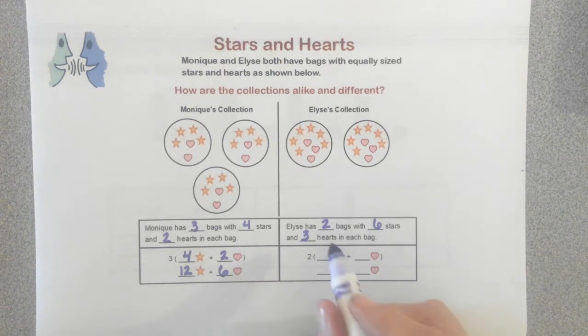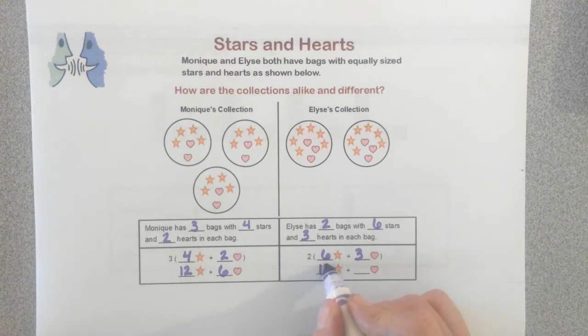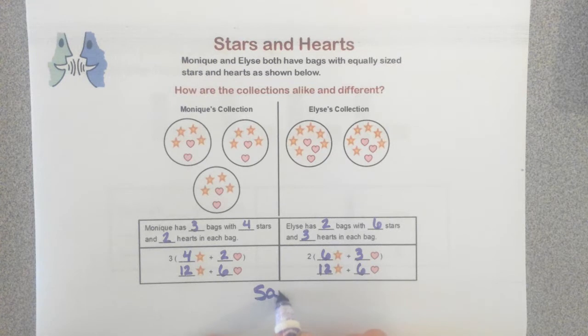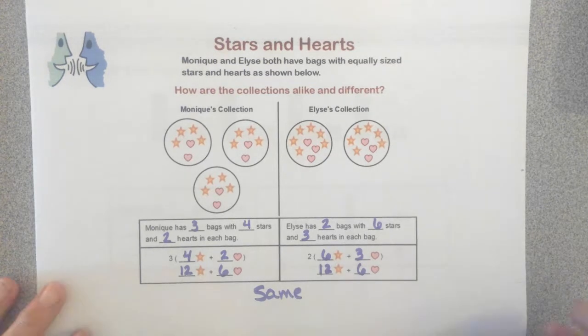Elisa's collection with the 2 bags, there were 6 stars in each bag and 3 hearts. So 2 bags times 6 gives me 12 stars. And 2 bags times the 3 hearts gives us 6 hearts. So it looks like they have the same amount, even though they're separated differently.